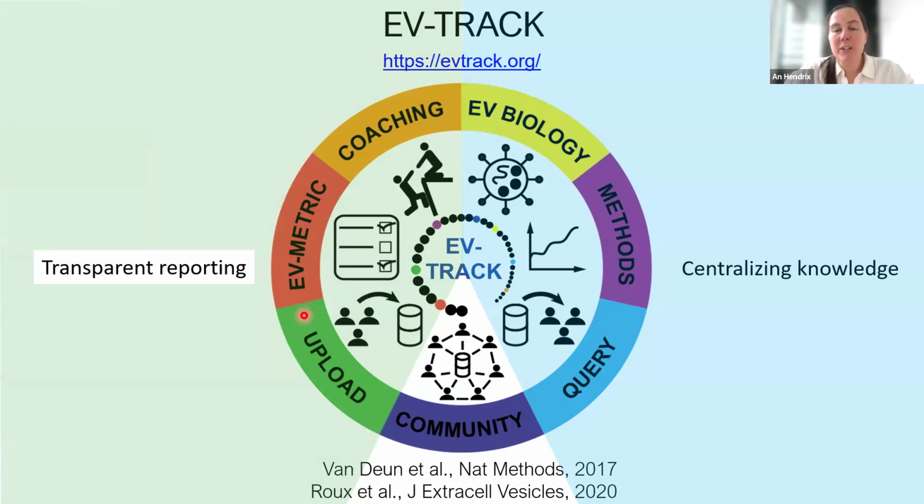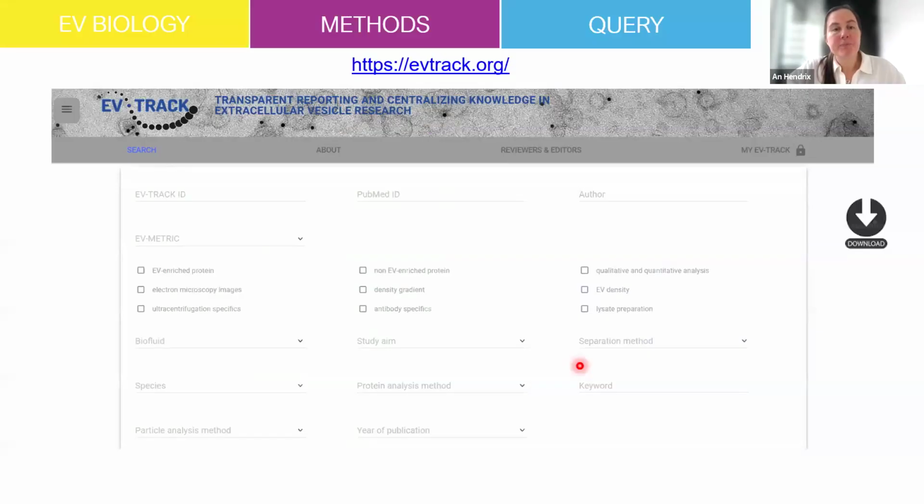So it really allows us to capture information on EV biology. Also which type of proteins you analyzed, for example, and so on. But we also get information on which methods are used for which types of biofluids, and all this information can be queried by the end user.